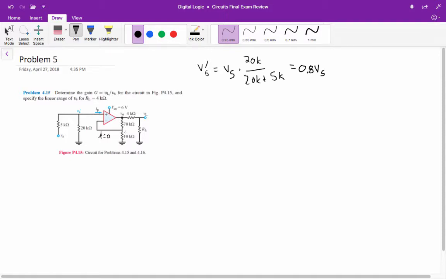So if we want to find out the voltage right here, then using voltage division, we would say that 0.8 VS equals, and now we're going to use voltage division on this because that is the point in the middle, 10 kiloohms over 10 plus 70 kiloohms times V out.